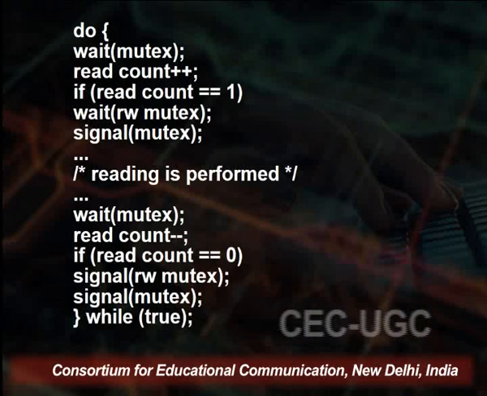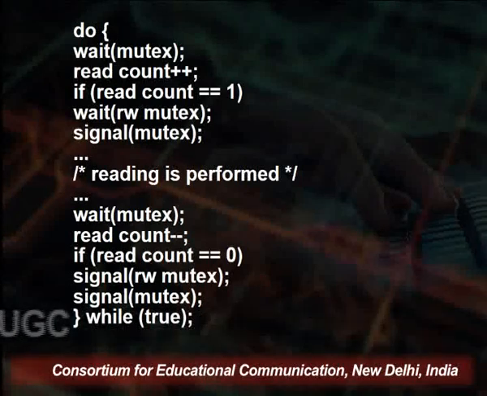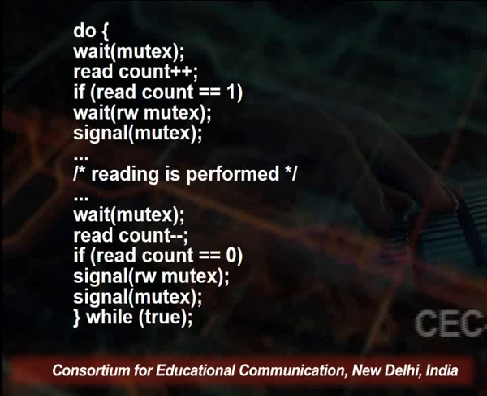So with this establishment, if we have a look at the whole scenario of the performance of readers as well as writer processes, we have a do while true loop which is saying wait mutex, and wait mutex is obviously, as I have told you, the mutex, not the RW mutex. That means this is going to be acquired by one of the reader processes.